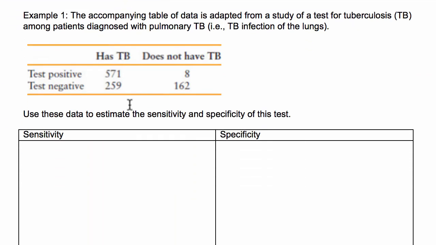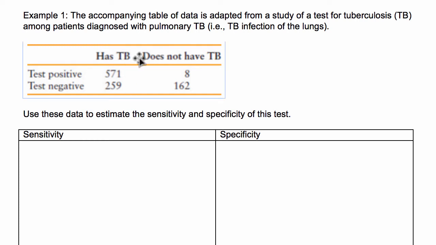Specifically note that just as before, the people who have the disease represent the first column of the chart, while the people who do not have the disease represent the second column of the chart. Now recall that sensitivity measures the accuracy of the test on the first column of our chart, that is, people who have the disease.